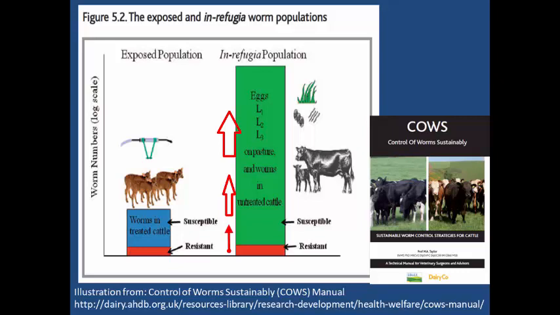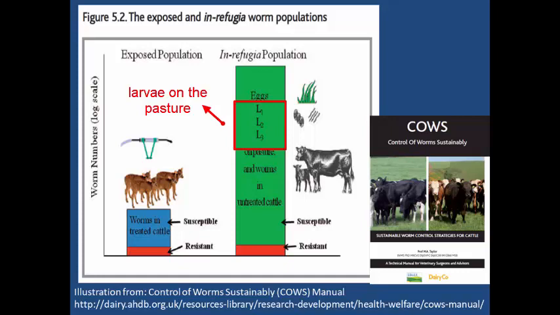So the take-home message is that we should not really remove all the population in refugia, because that's going to speed up the appearance of resistance. And in fact, as we will see in a minute, the practice, at least in Colombia, of spraying the pasture with pesticides that kill all the larvae, which probably account for the largest populations of ticks in any one farm, is probably the fastest method of creating resistance in just a very short time.